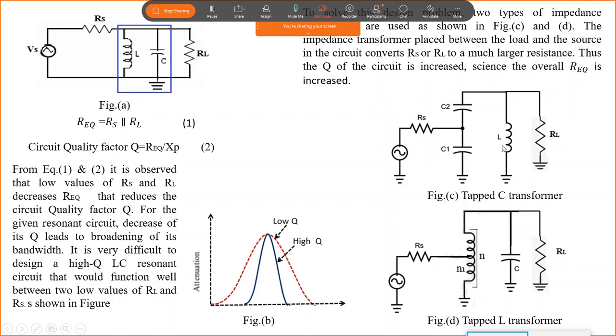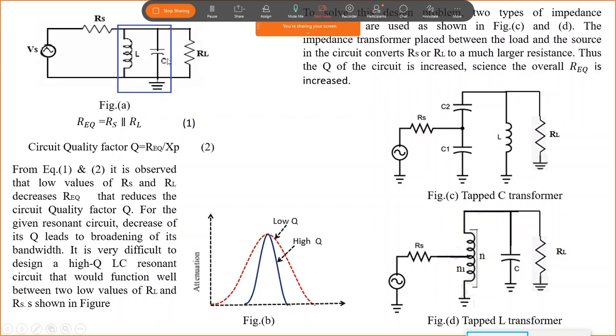In this tapped C transformer, you can observe the resonator circuit remains the same. This RS is there, whatever it is, even if it is a low value, we take it as it is. But in the tapped C transformer, this capacitor is split into two, and RS is connected at the split point, between C2 and C1.